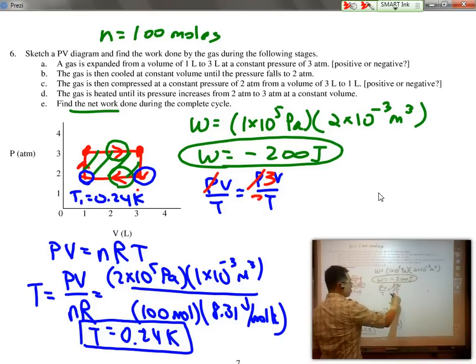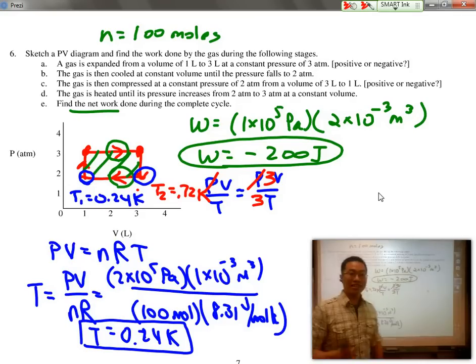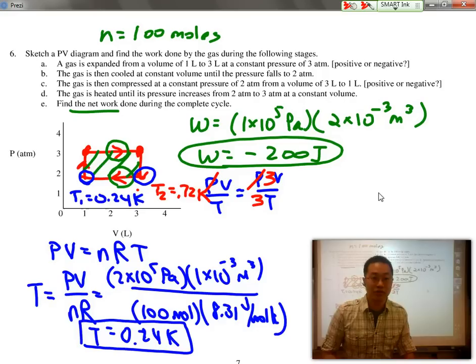That means the temperature must have tripled as well. So the temperature at the second location would be 3 times 0.24, which is 0.72 Kelvin. So that's a nice, easy ratio for us to figure out.